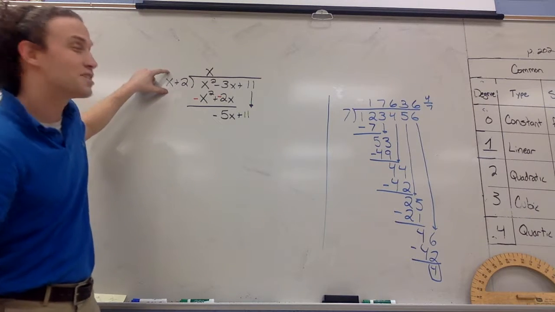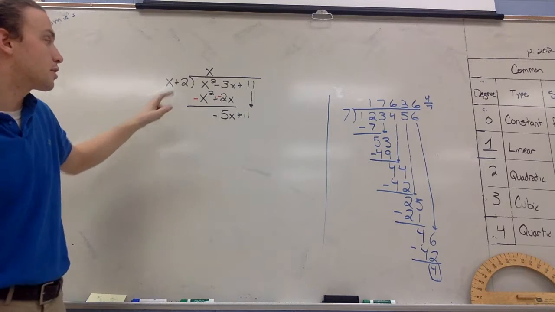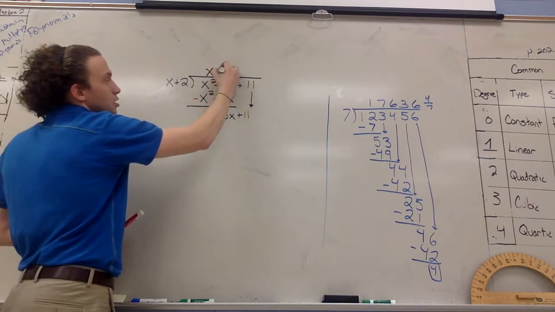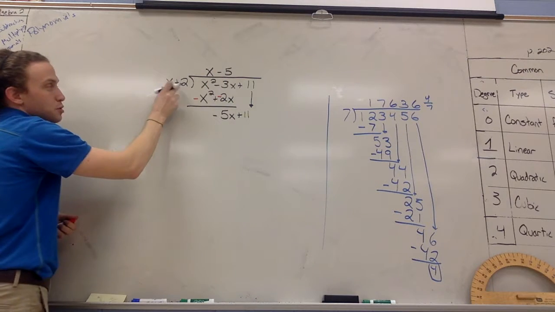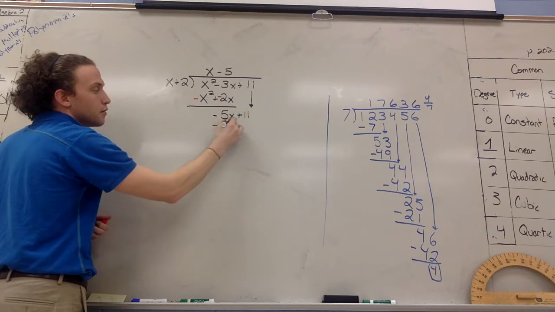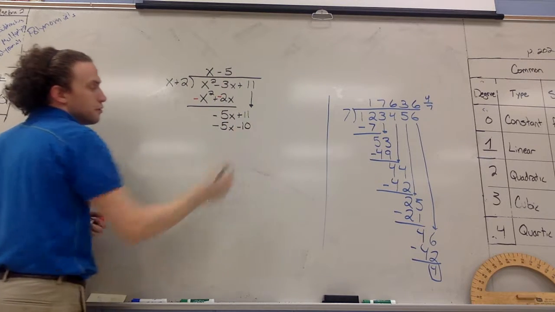What do I need to multiply x by to get to a negative 5x? I don't have an x there. I'm going to have just a negative 5. Now, negative 5 times both of these gives me negative 5x minus 10.